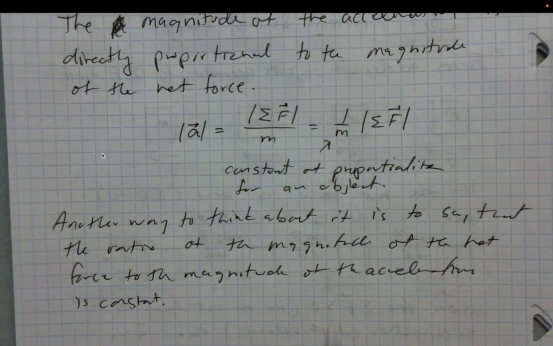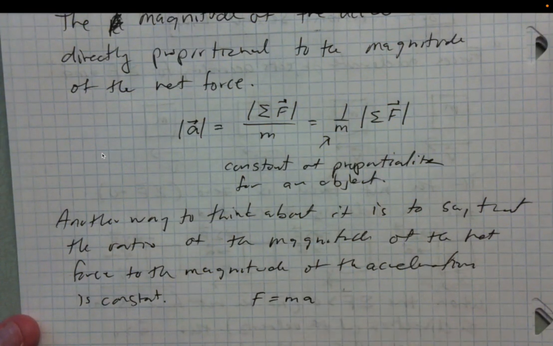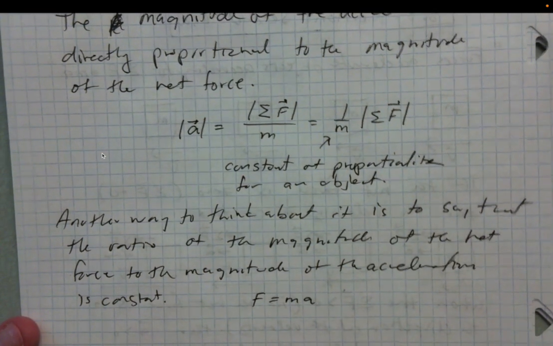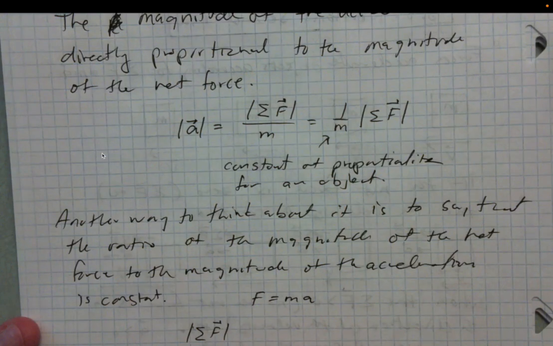What do we mean by that? Well, remember, we're starting with F equals ma. If I solve for m, I've got the magnitude of the sum of the forces divided by the magnitude of the acceleration. That's equal to the mass.